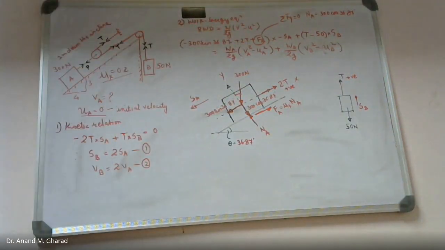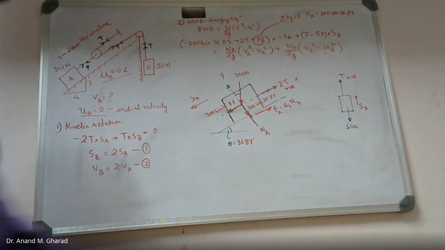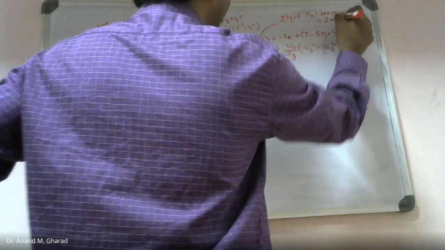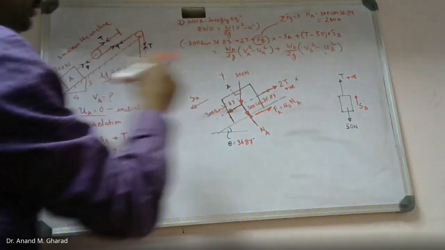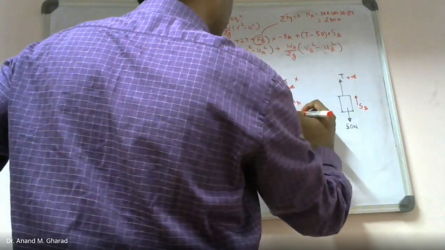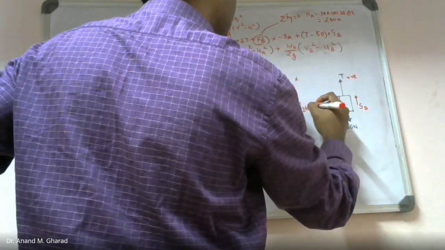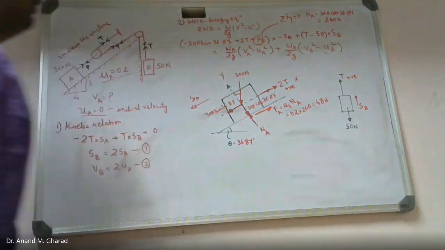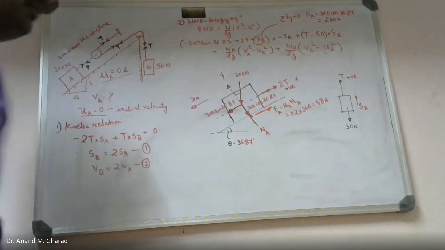So how much does this come out to be? Please let me know. Okay, so let's say 240 Newton. Right? So 240 Newton. This will come out to be how much? 48 Newton. So FA I have found out.